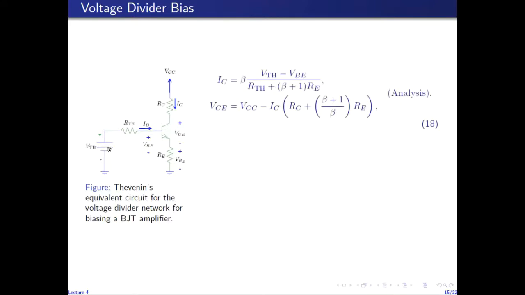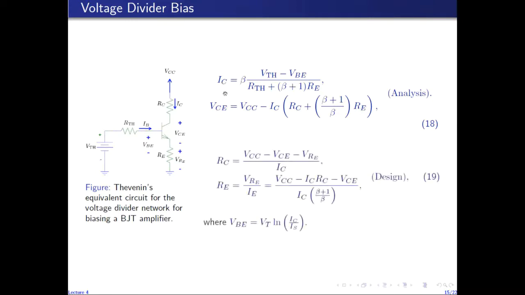So again, if we write the voltage equation around this loop, the KVL around the input loop, we can very easily see that IC, the collector current, is given by this expression. And similarly, writing a KVL around the output loop will give us VCE through this expression. So given the circuit, we can find the bias point.